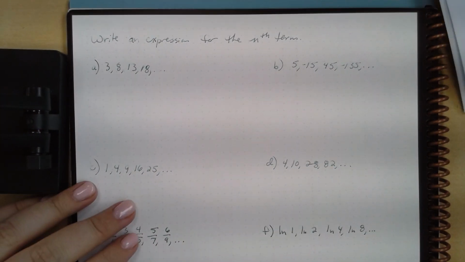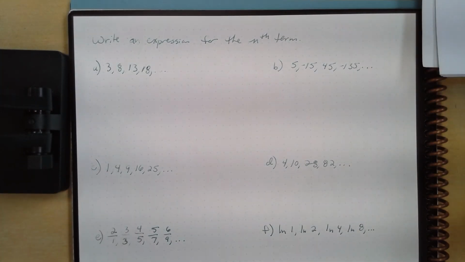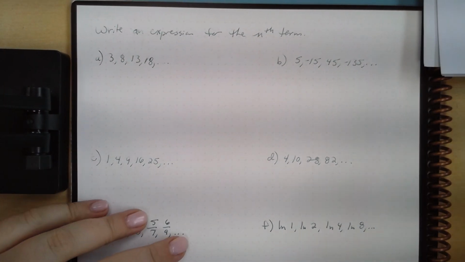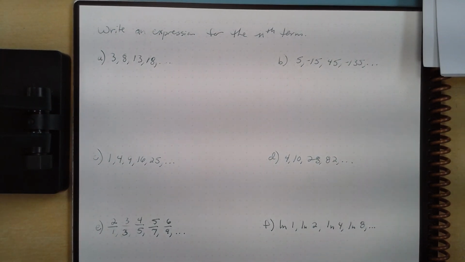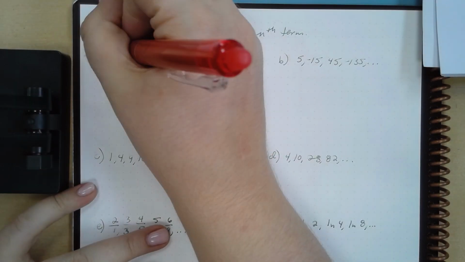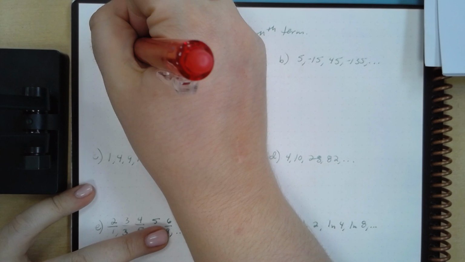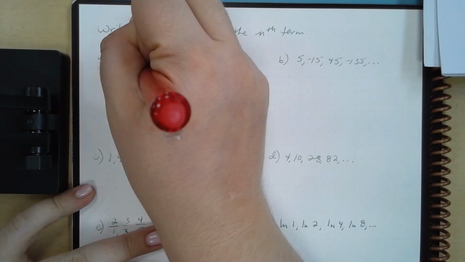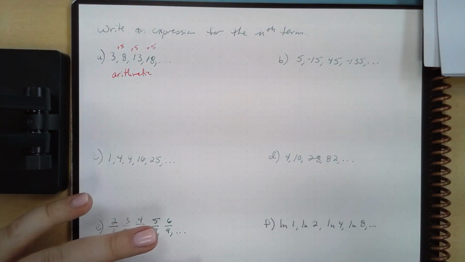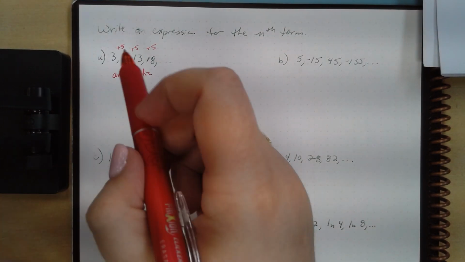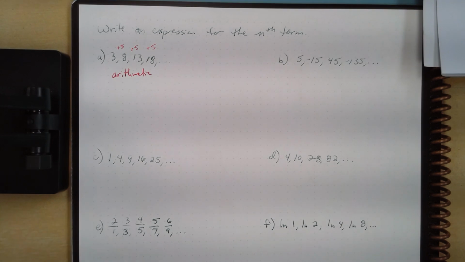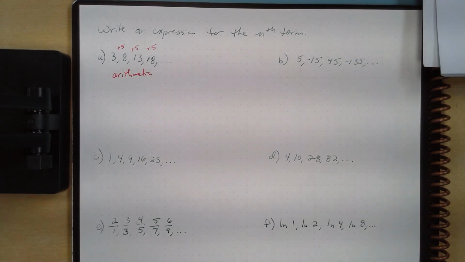Sometimes we're also asked to actually write an expression for our sequence. So here we have 3, 8, 13, 18. We want to actually find that pattern. And I think looking at this, you can maybe see we've got plus 5, plus 5, plus 5. This is actually called an arithmetic sequence because we're adding and subtracting. So if we keep adding 5 multiple times, we are actually multiplying, right?